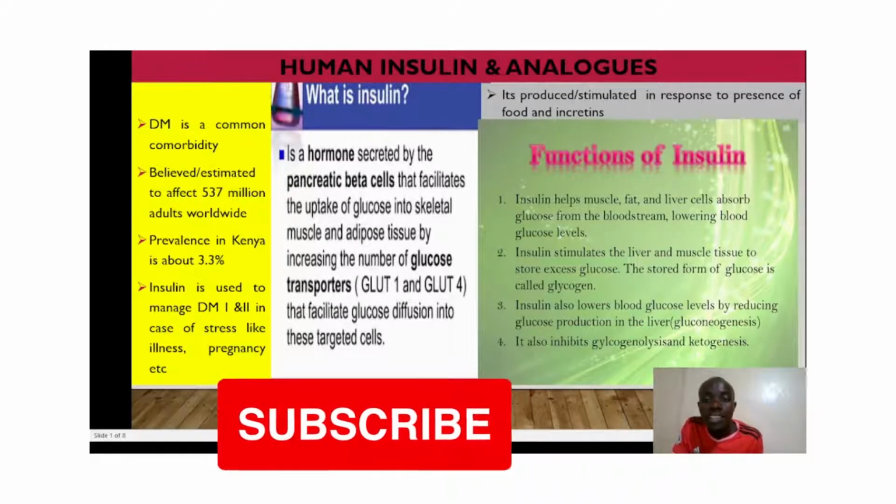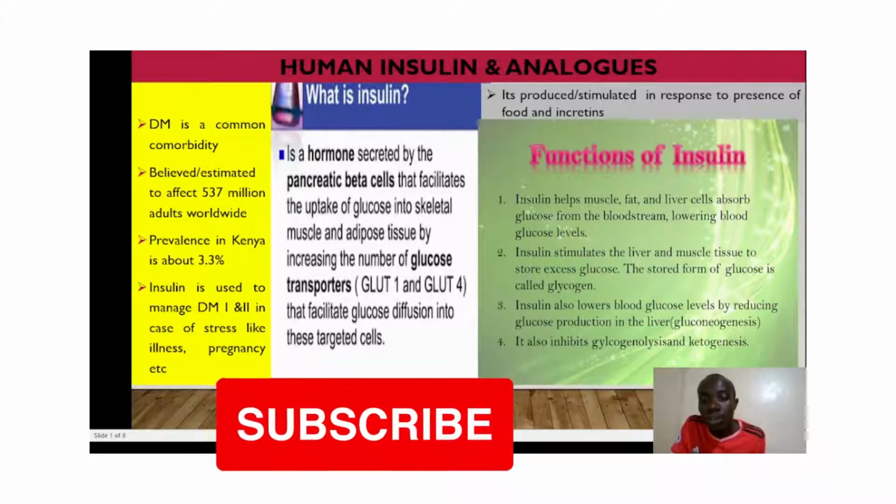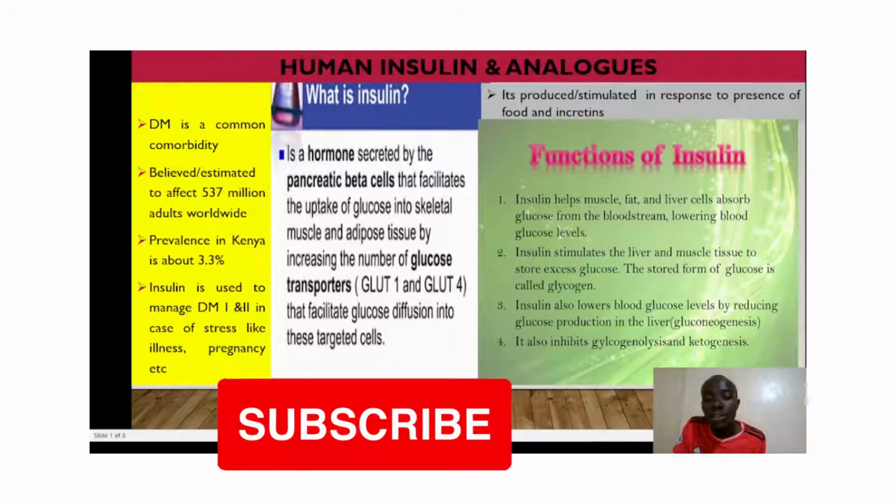So we have to do something, and we are looking at the treatment. In terms of treatment, insulin is used to treat type 1 diabetes because of the destruction of the beta cells, so the body is not able to produce insulin any longer.